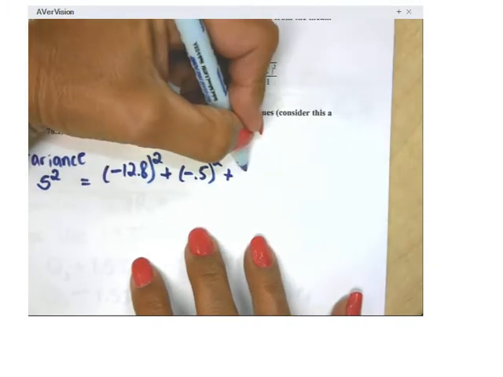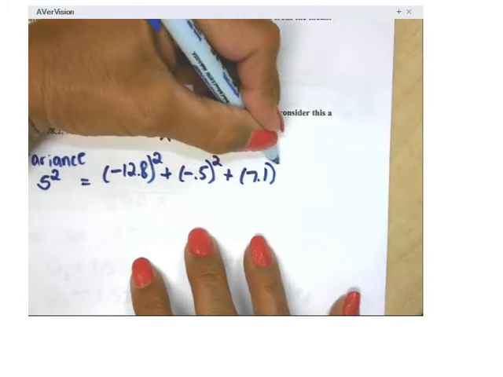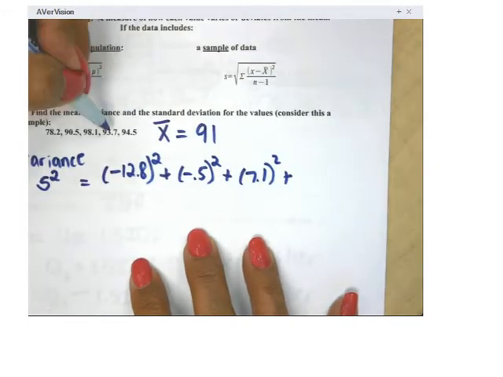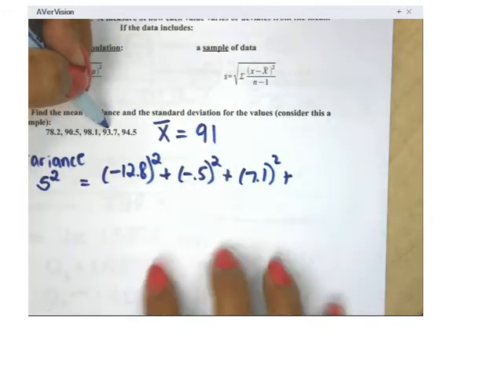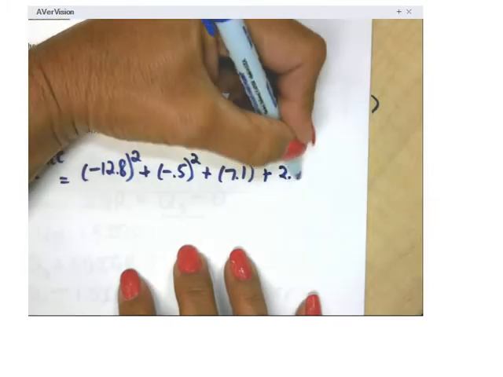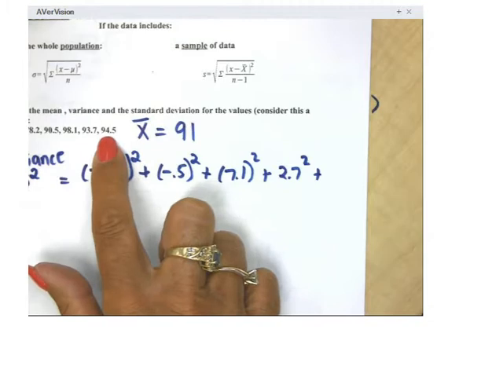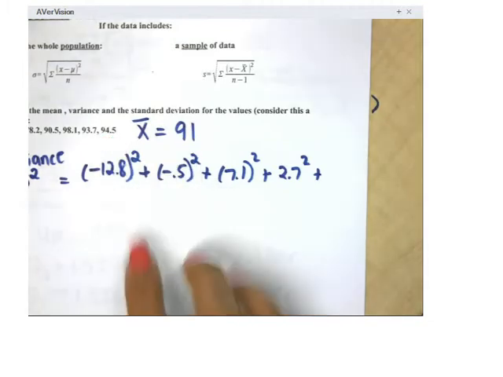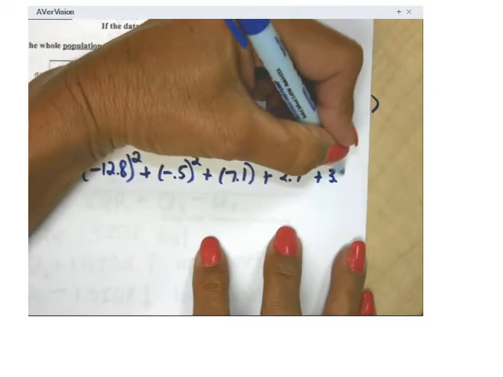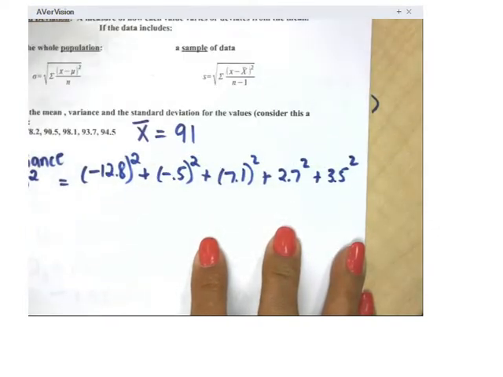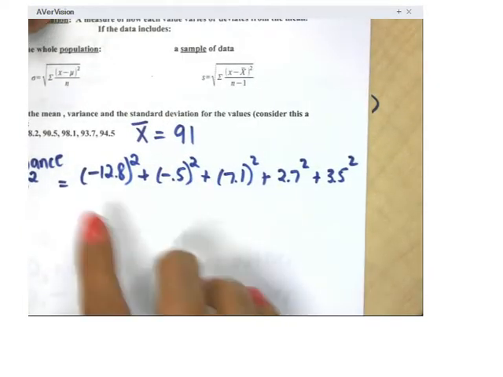I take 98.1 minus 91, and that gives me 7.1, and I'll be squaring it. The next deviation, 93.7 minus 91, so I have 2.7 squared. And then my last, 94.5 minus 91, that difference is 3.5, and I square it.